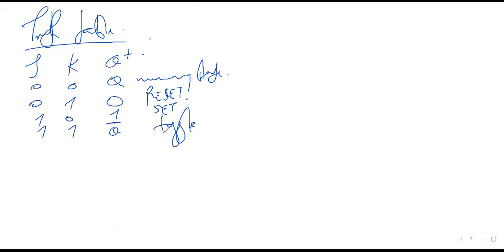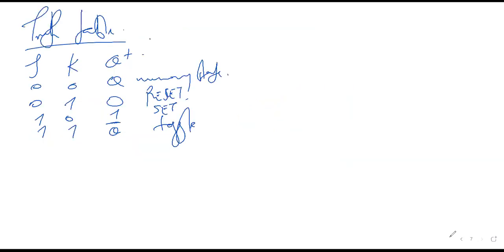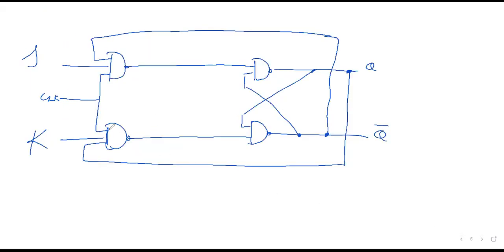But we can continue with the truth tables. I'm no longer going into this and deriving the truth table. I'm no longer going to do that. You all have the knowledge of how a NAND operates. So you can do the math.